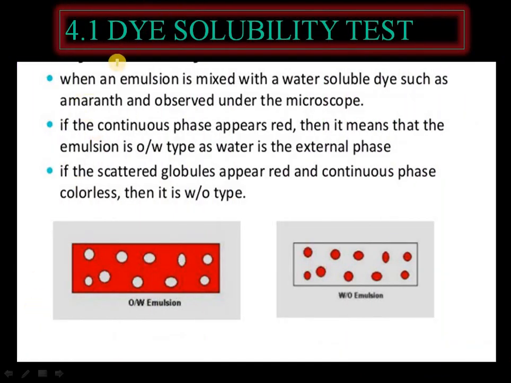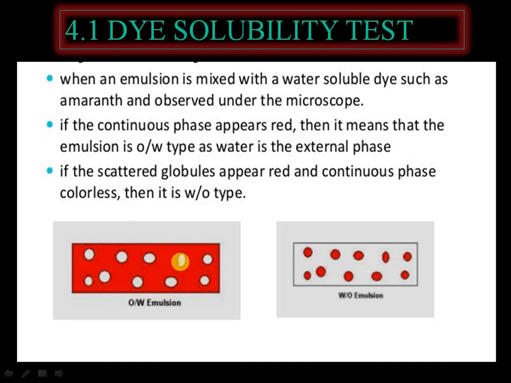First is your dye solubility test. So we have an unknown emulsion. We don't know whether it is a water in oil type emulsion or an oil in water type emulsion. What we do, let's say for example, we take a dye which is soluble in oils. Normally dyes are soluble in oil, so we put the dye in a container carrying the unknown emulsion.